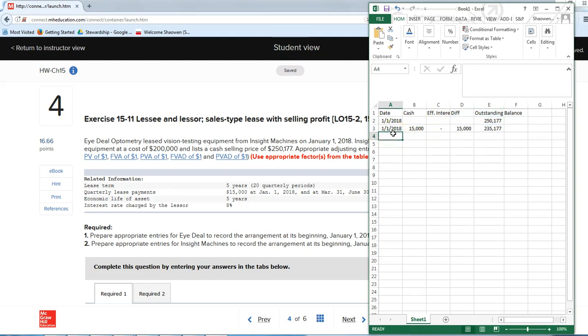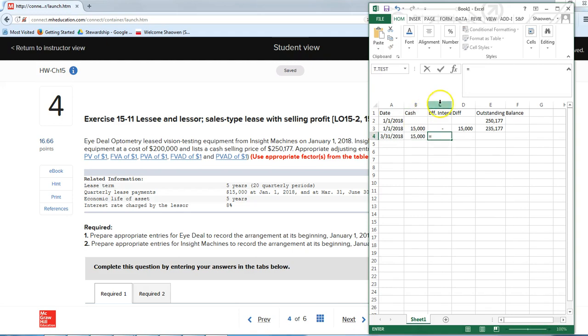Three months later, March 31st, 2018, lessee pays $15,000 again. This time there is interest. So previous balance multiplied by quarterly interest. Careful, it is no longer 8%. 8% is the annual interest, so 2% is the quarterly interest. The difference is cash minus the interest column.